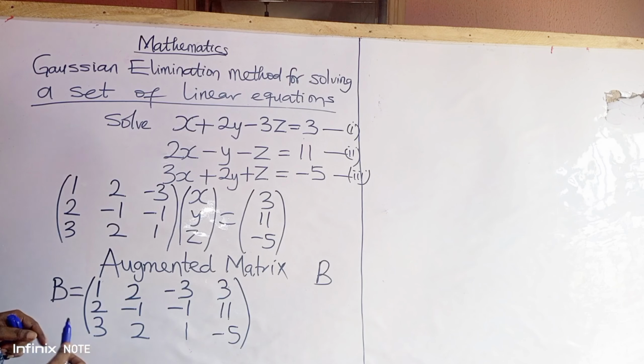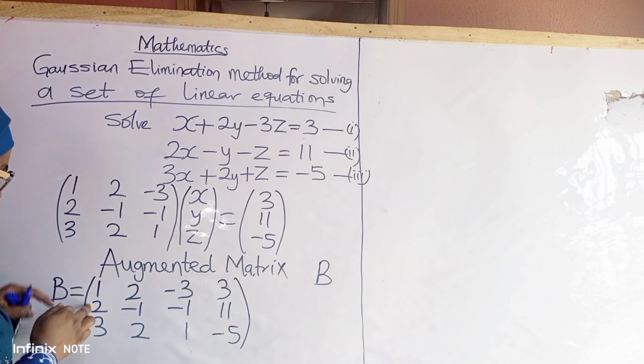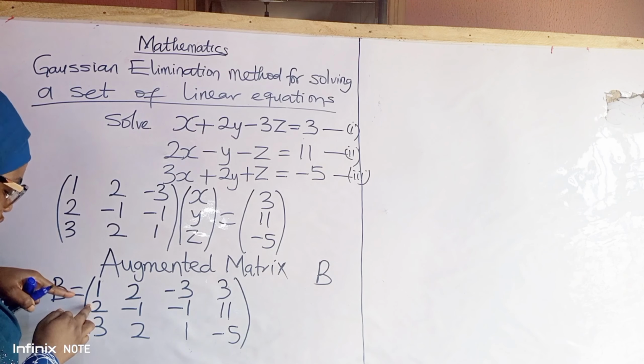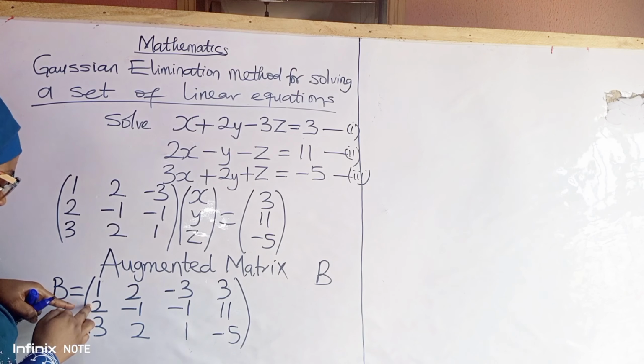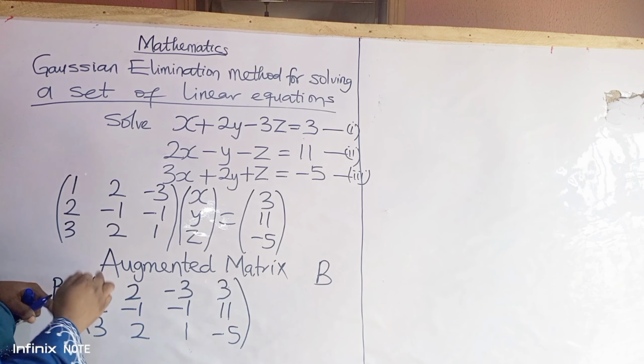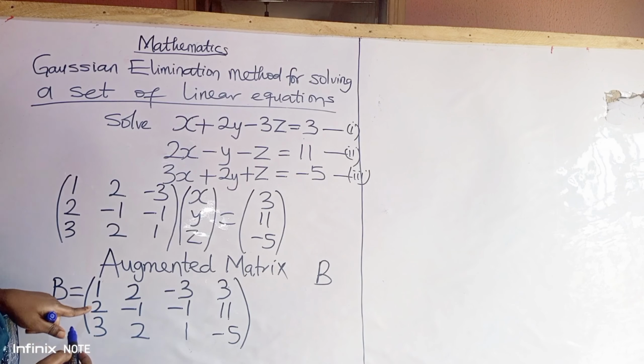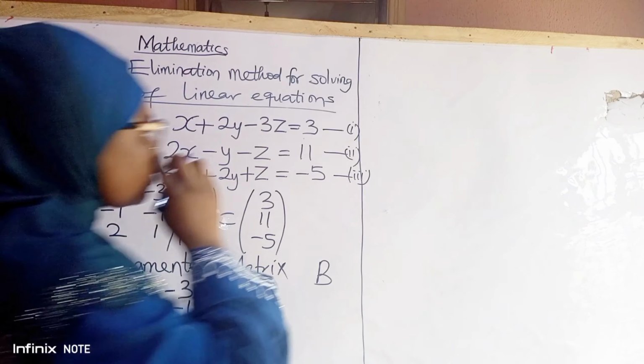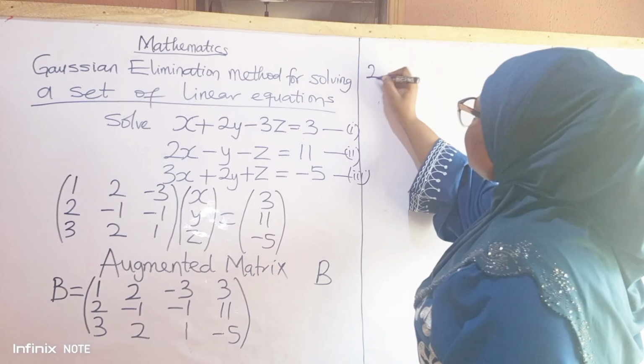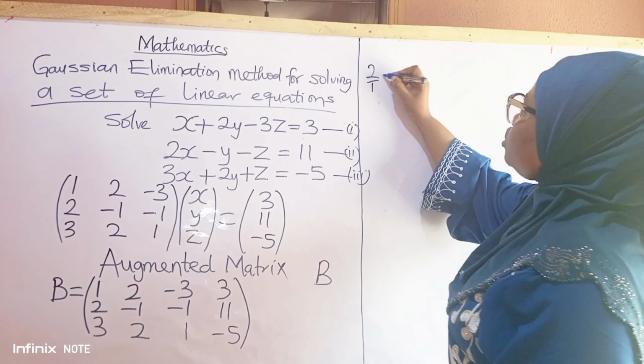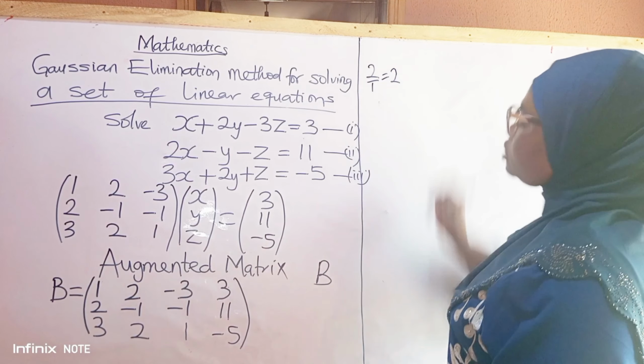The next thing we need to do is to take the second element of the first column of the augmented matrix and divide it by the first element. So you take 2 divided by 1, which is still 2.